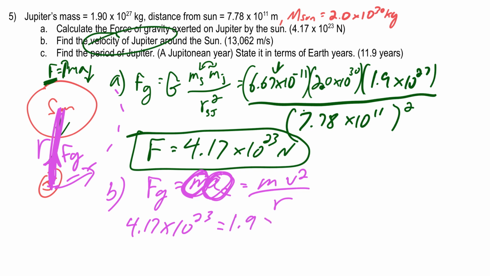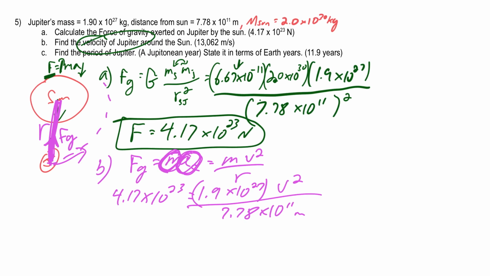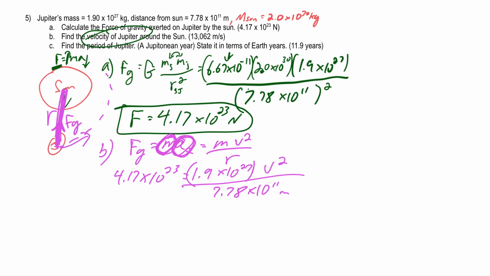So 1.9 times 10 to the 27th, v squared, and then again, the distance between them is 7.78 times 10 to the 11th meters. All right, so go ahead and solve that out. Here, I'll do a little bit of algebra. I know I said I wasn't earlier, but that's all right. Let's go ahead and do it.